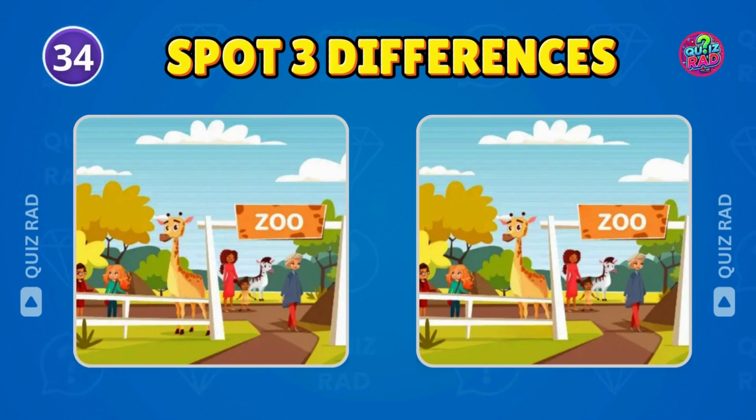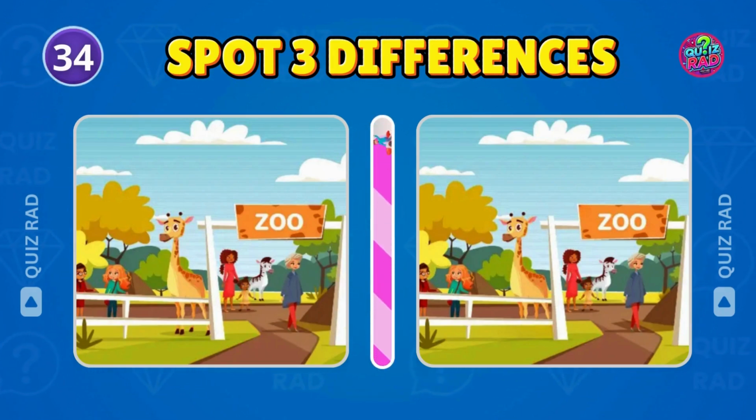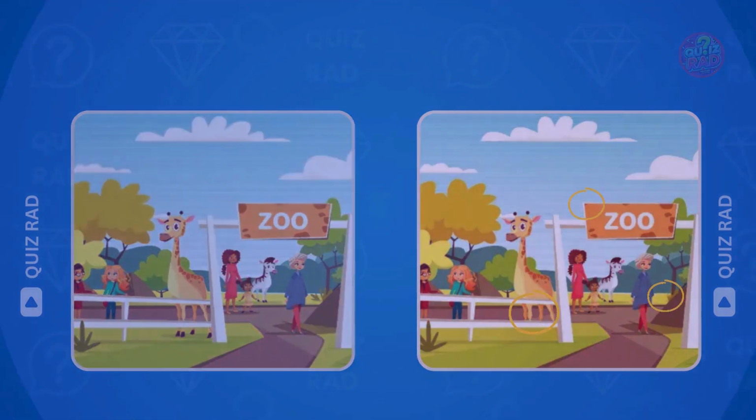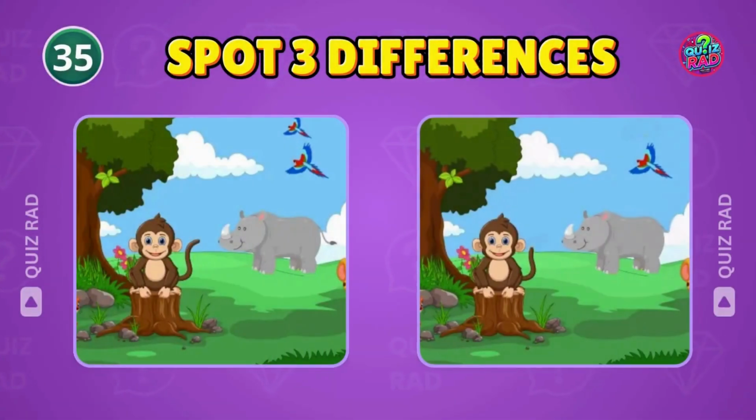Find the hidden differences. Don't blink. What's changed in the picture?